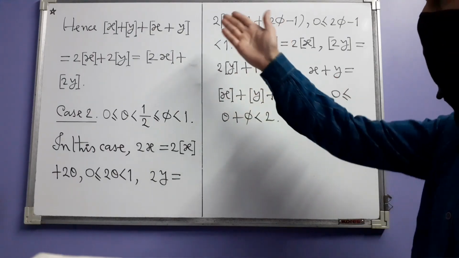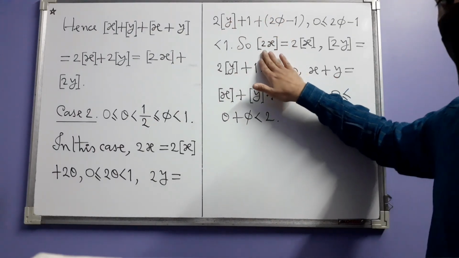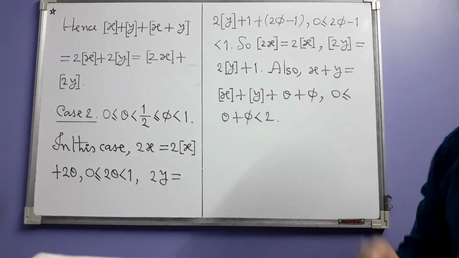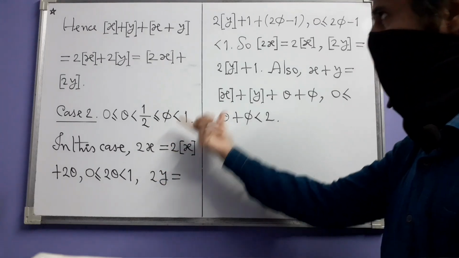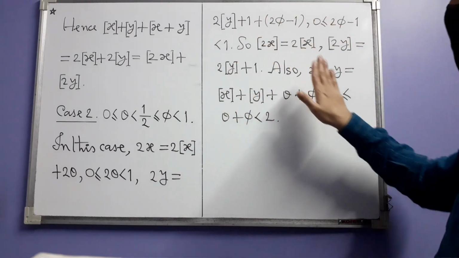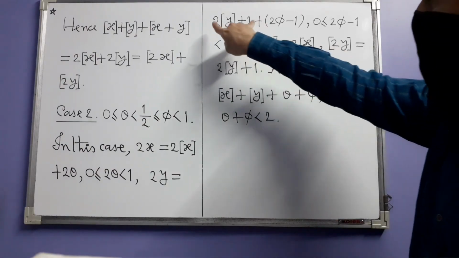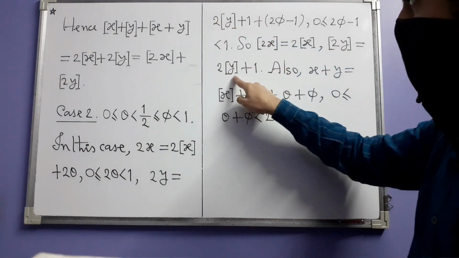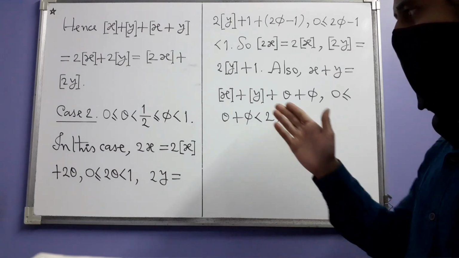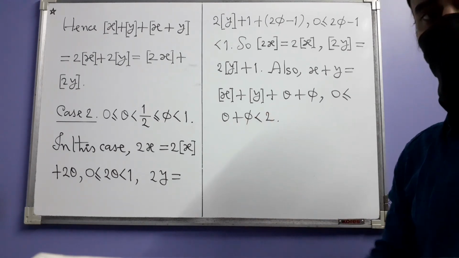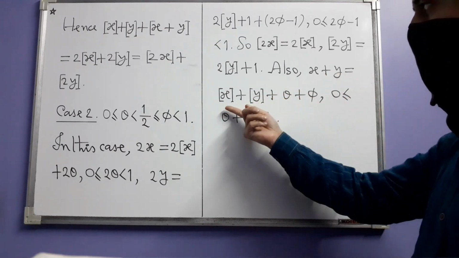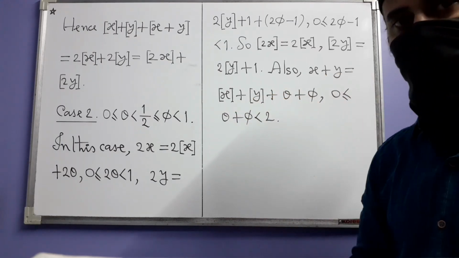So as before, the box value of 2x from this equation and these inequalities is still 2 times box x. However, from this new type of equation and these inequalities, the box value of 2y is 2 times box y plus 1. Okay. And also we add the two original equations for x and y, obtaining x plus y equals box x plus box y plus theta plus phi.